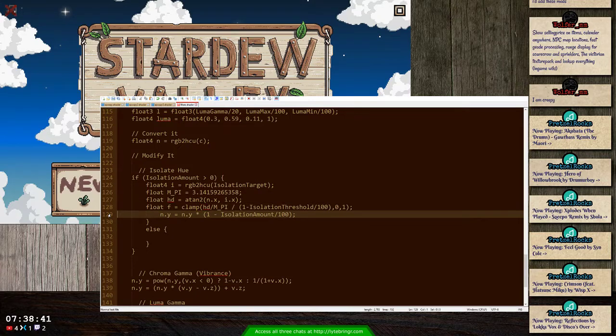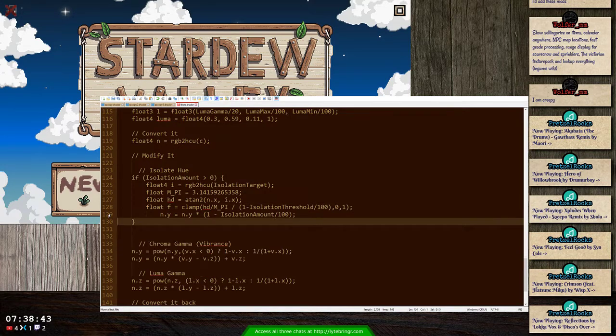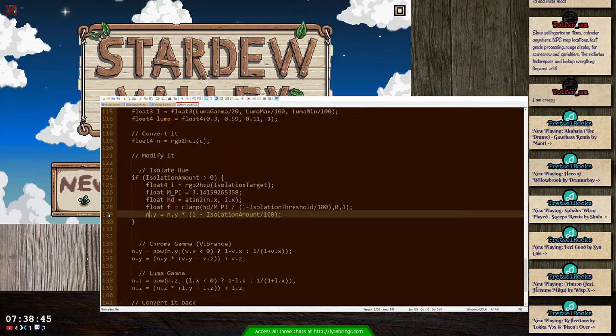And so then that gets rid of the if. And so now it's going to be f times the isolation amount. Because if the f is 0, then nothing changes.